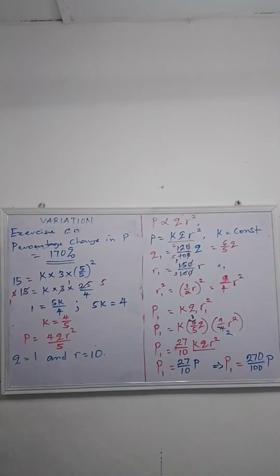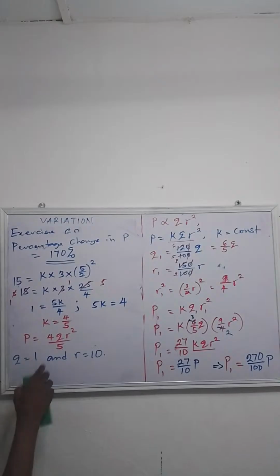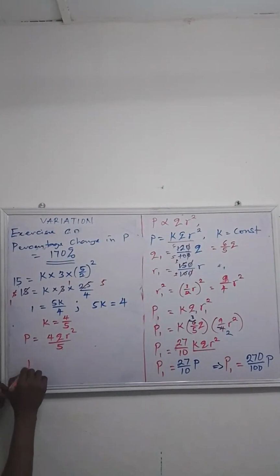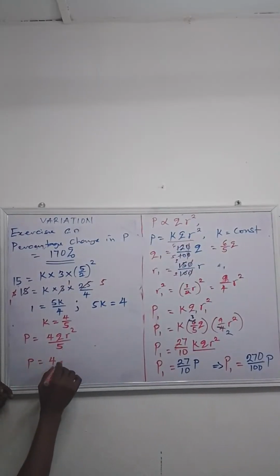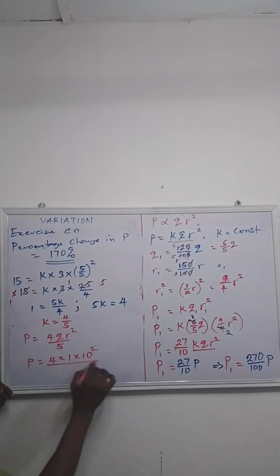So let's plug in the values of Q and R. R is 10 and Q is 1. So P will be equal to 4 times 1 times 10 raised to the power of 2 over 5.